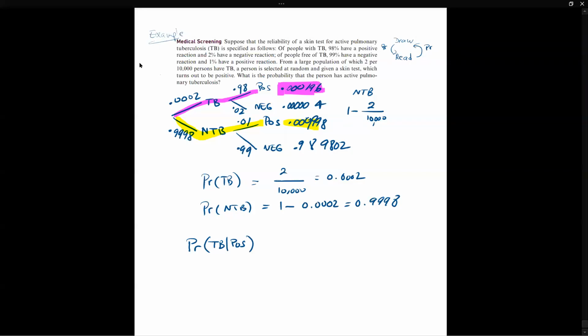It has to be given that it is positive. It's going to be based on the formula, and over that positive, so we will add at the bottom the positive ones.